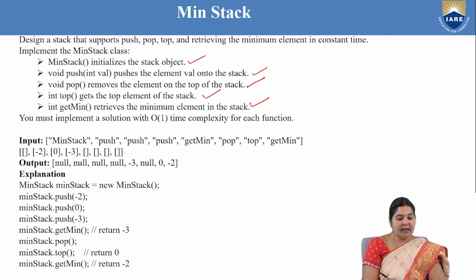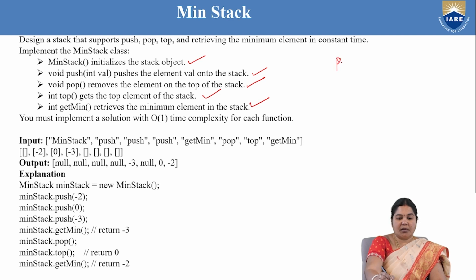Right? And it has been given that you must implement the solution with order of 1 time complexity for each function. Now, in a normal stack, the push and pop operations take order of 1 time complexity. With the same order of 1 time complexity, we can implement these 4 operations.